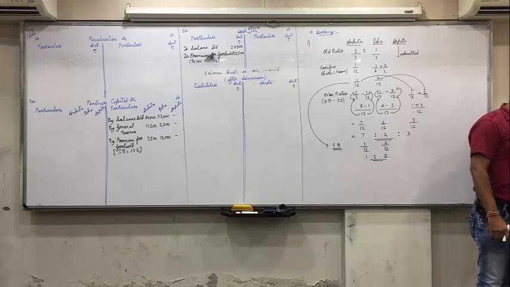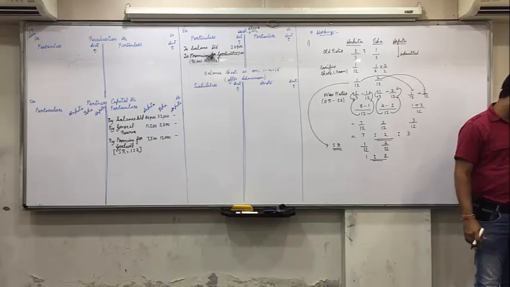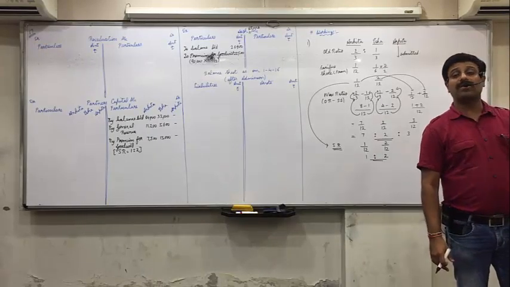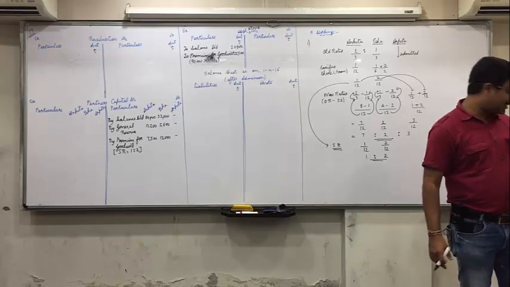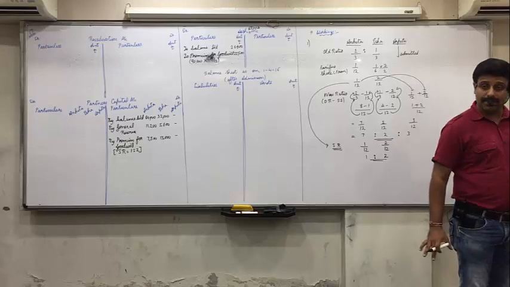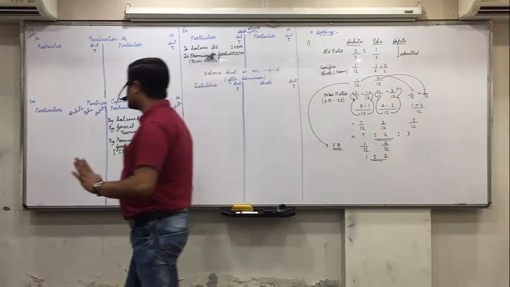Fixed assets have to be depreciated by 10%. Now if you see on the asset side, there are two fixed assets, machinery and furniture. Both are fixed assets, so both will be depreciated by 10%. Machinery 64,000, 10%, 6,400. And furniture 40,000, 10%, 4,000.